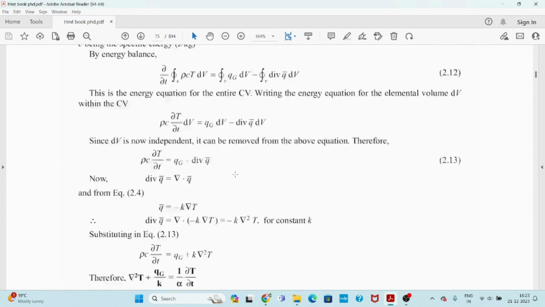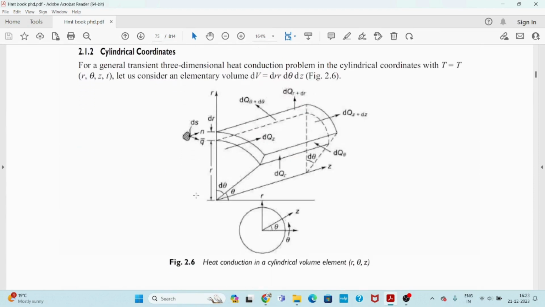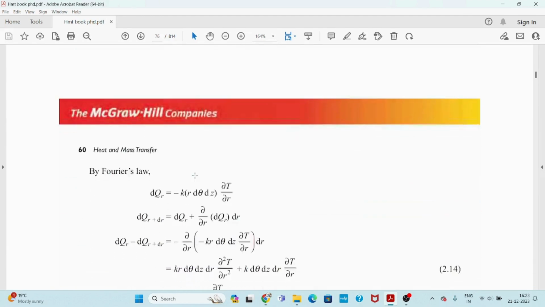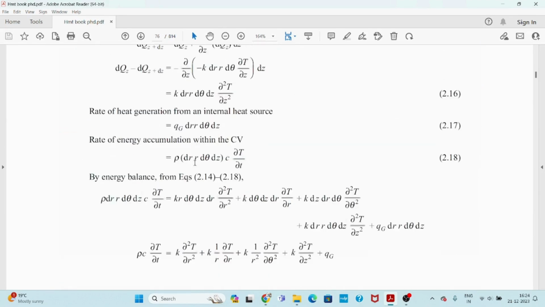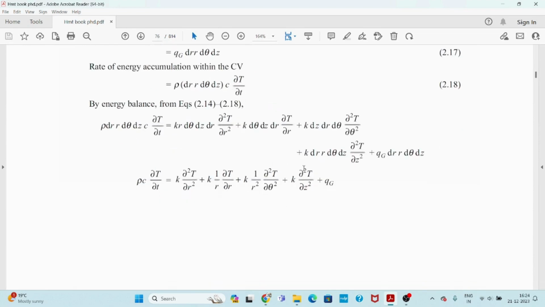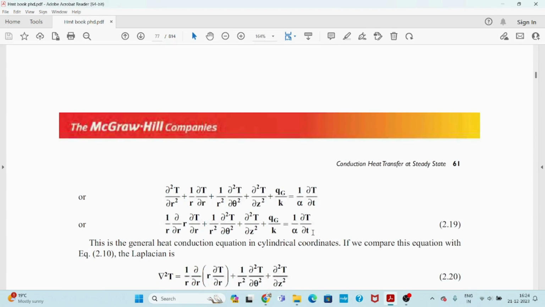Next, if you see something is important, I will tell you whether you should remember it or not. In case of derivation, you can refer to the book. If you want, I can share the book. If possible, you can remember one of these equations.